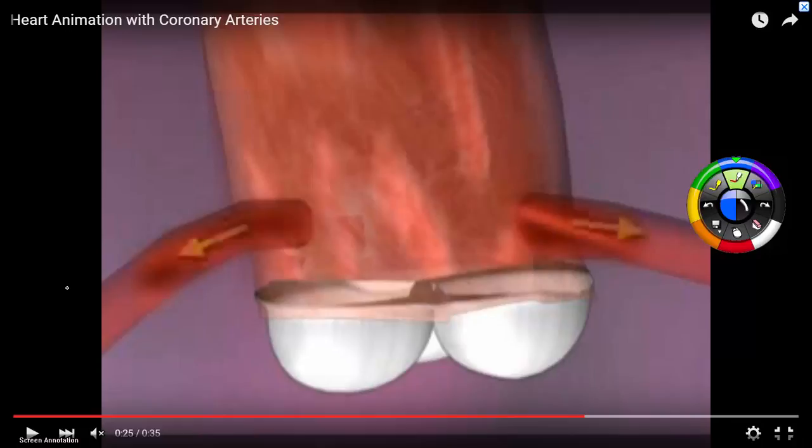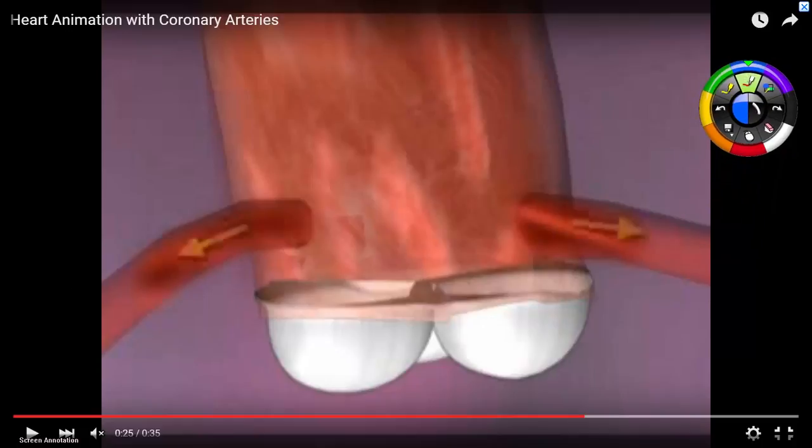Now this is important when you look at somebody with heart disease, for example. Let's say they have cholesterol buildup in this coronary artery.